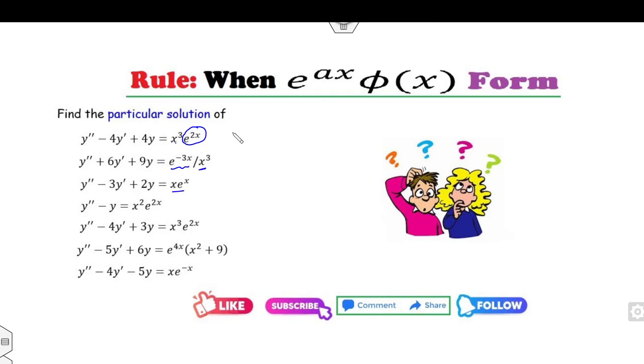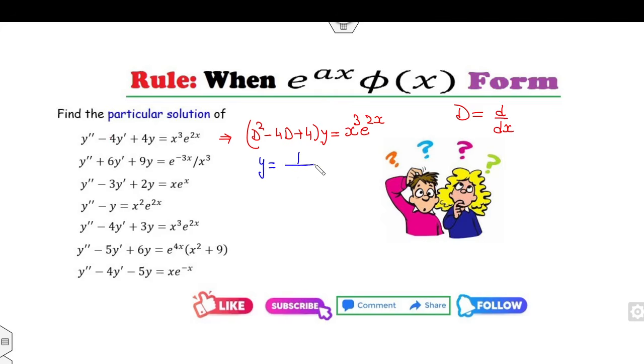Firstly, as I told you in our previous lectures, you can write the first quantity in terms of the capital D: D of y is equal to x cube e raised to power 2x, where capital D is d over dx, the operator. So can you find the value of y from this case?